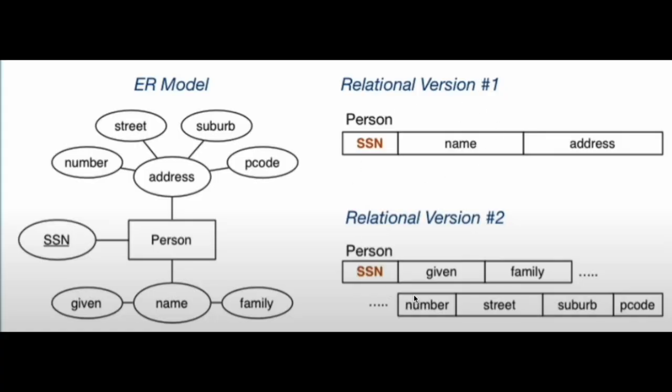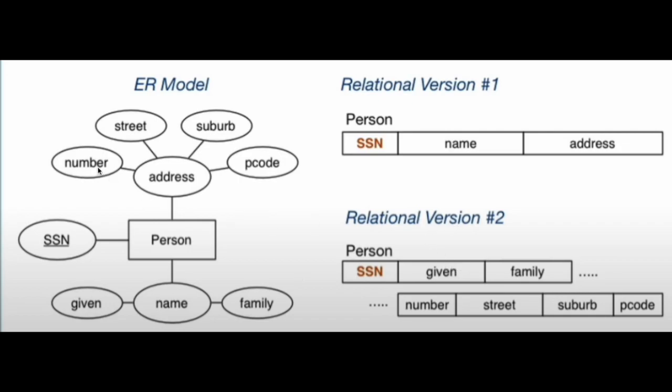Now, as you can see from the right side, there are two different ways you can map this to a relational model. One way is to concatenate all of these attributes into one singular attribute. So number, street, suburb, postal code could all be concatenated into the address attribute, which is listed here, similarly with the name one.